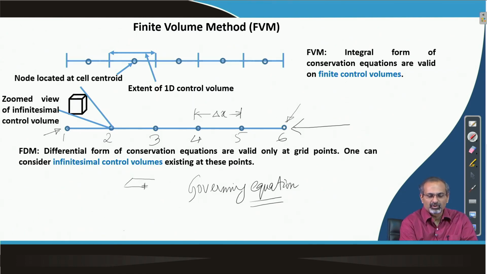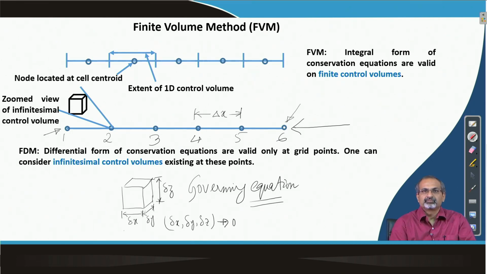We used to draw control volumes looking like this, and then mark very small lengths along orthogonal directions, and we used to say that each of these length scales should limit to 0. So, we were essentially talking about infinitesimal control volumes, and the differential equations which form the governing equation were actually derived in such an infinitesimal control volume.